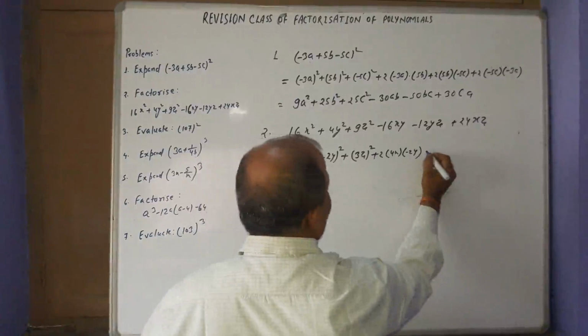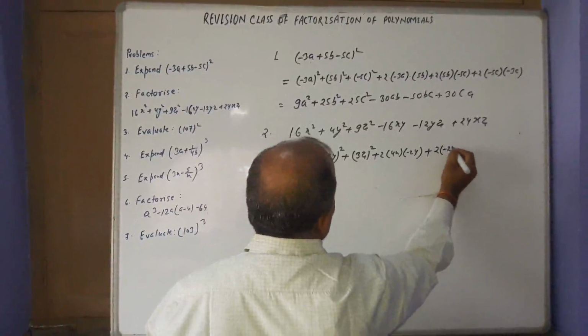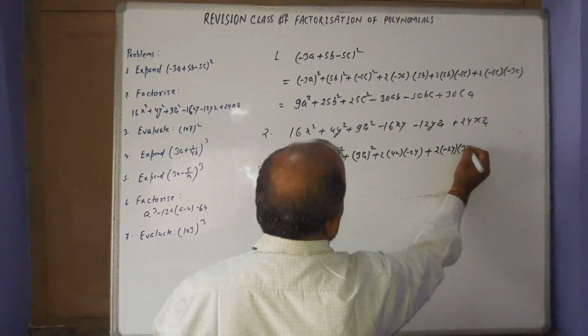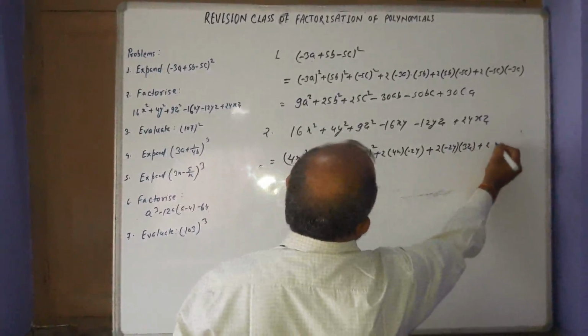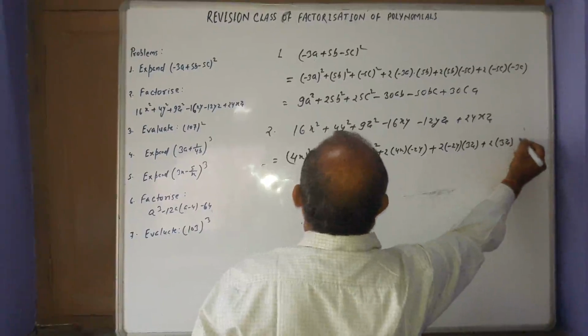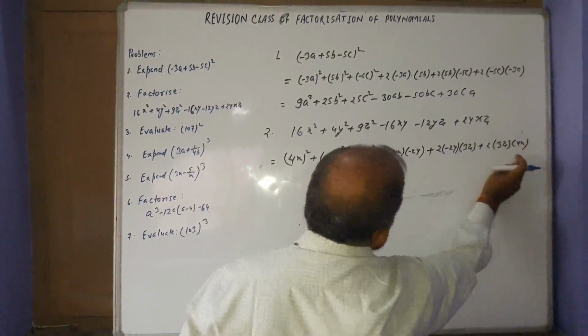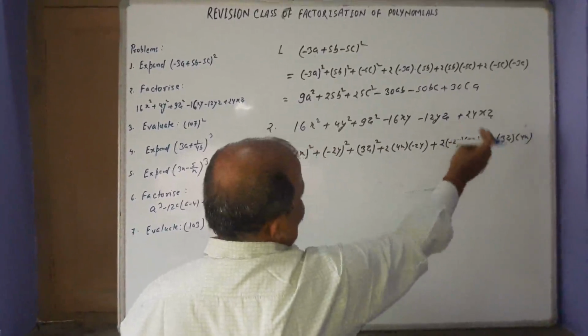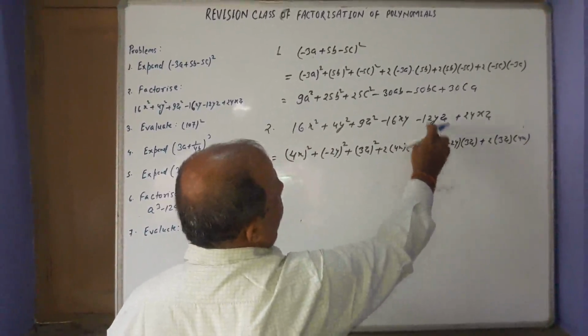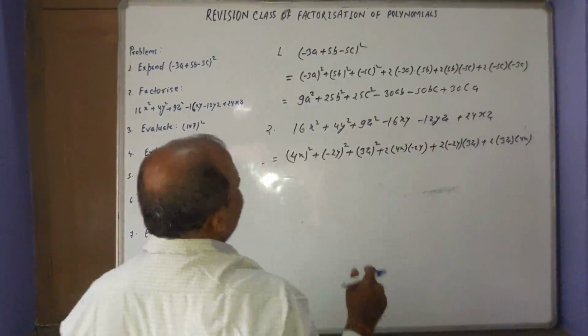In the same way we will proceed: 2 into -2y into 3z and plus 2 into 3z into 4x. See here, 4 twos are 8, 8 threes are 24, 3 twos are 6, 6 twos are 12, plus minus minus.